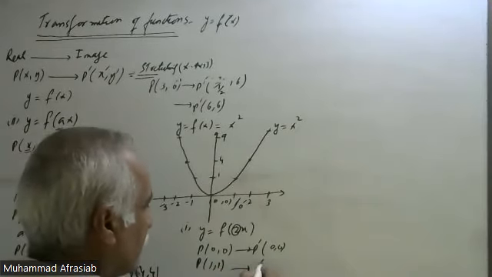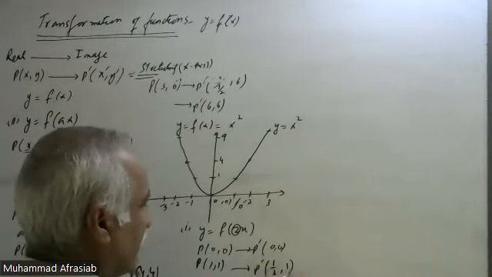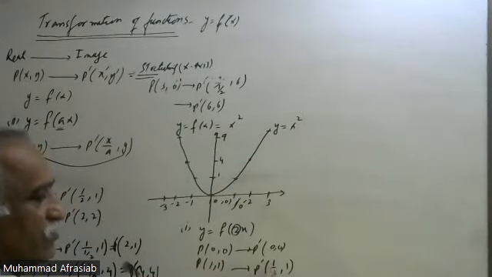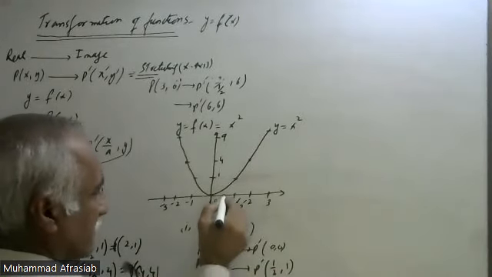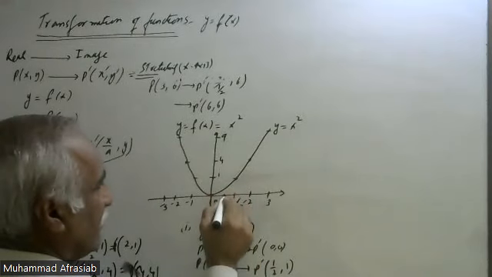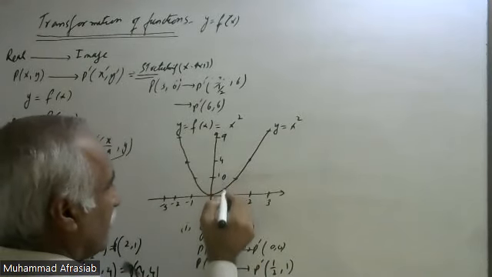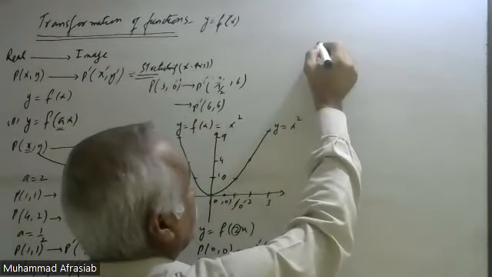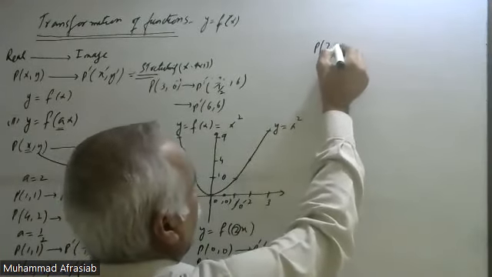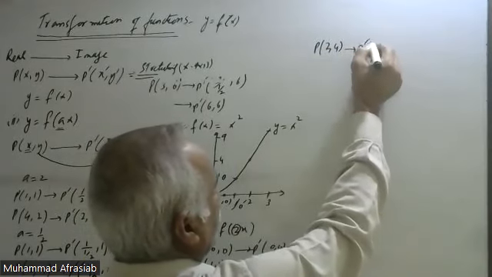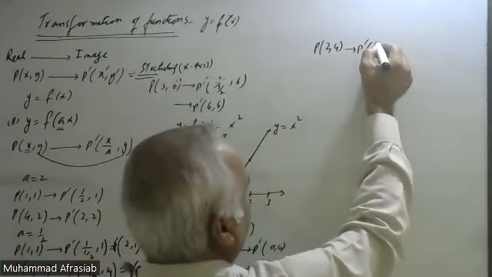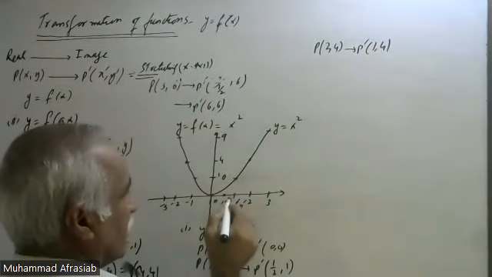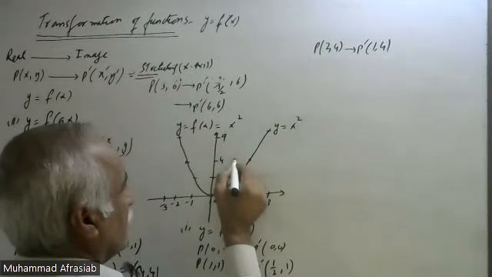If your point is 1 and 1, the image of this point is half and 1 because a is equal to 2. So 1 divided by 2, that is 1 over 2 and 1. So at this point, half, the y value is going to be the same, 1. For the point 2 and 4, the image of this point will become 2 halved, which is 1, and that is 4.